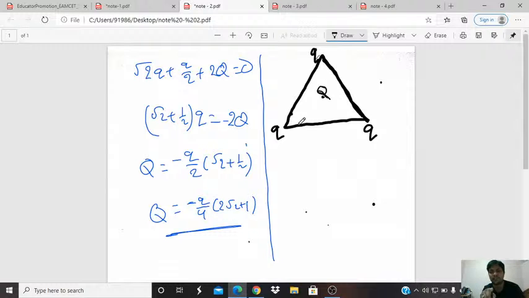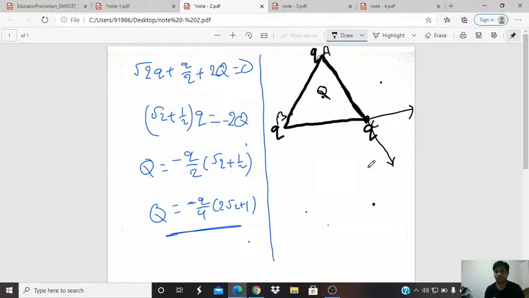See, total it is in equilibrium means net force will be what? 0. Balances. So find that. So how can we find? See, at any point you can take now. Suppose if you consider here, let here A, B, C. See, due to this along this direction, and due to this along this direction.